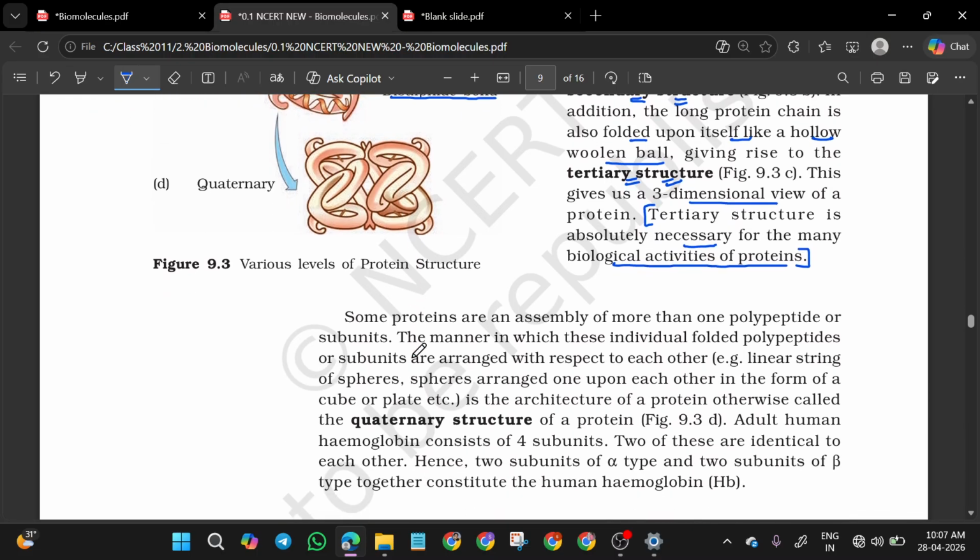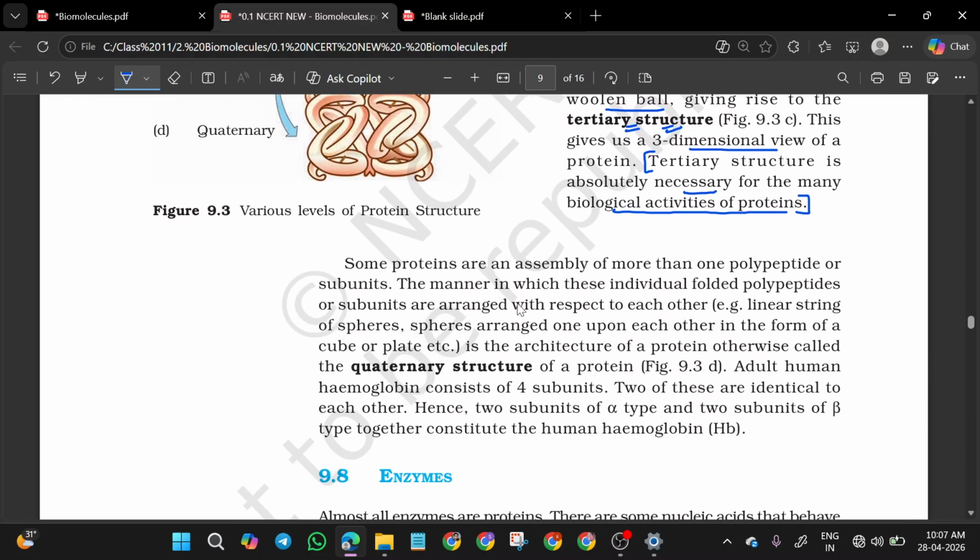நிறைய tertiary சேர்ந்துச்சுன்னா quaternary. Some proteins are assembly of more than one polypeptide or subunits. Tertiary example பார்க்கலாம் அப்படின்னா myoglobin. Myoglobin is a protein present in skeletal muscles, that is red skeletal muscles, which is going to store oxygen. The manner in which these folded polypeptides or subunits are arranged with respect to each other, like linear string of spheres, இதெல்லாம் நமக்கு தேவையில்லை, just தெரிஞ்சுக்கலாம்.